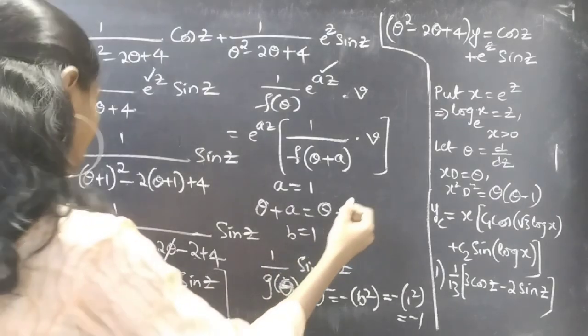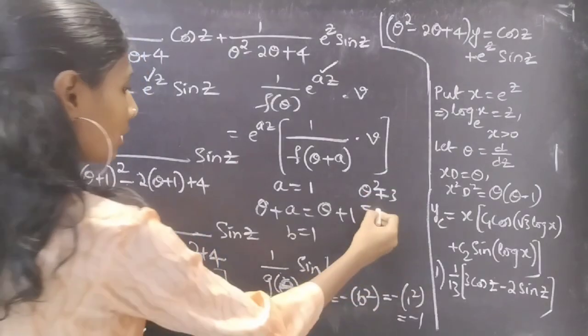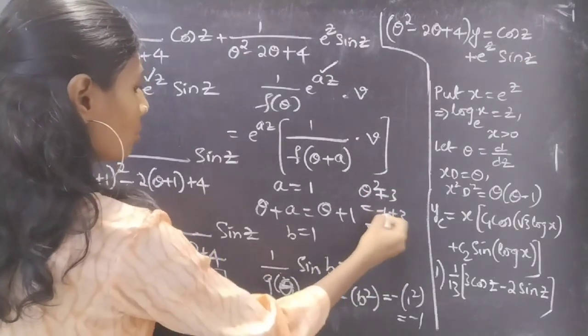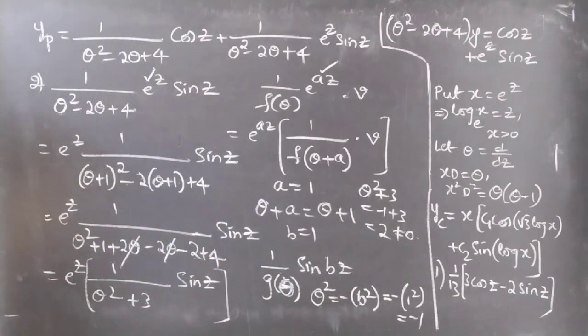If you want, I'll show this for you. Just replace theta square by minus 1. We'll get minus 1 plus 3 is 2, which is non-zero. Right? We got a non-zero term in the denominator. So let's replace theta square by minus 1 in the denominator.